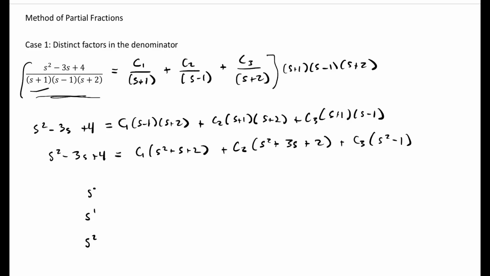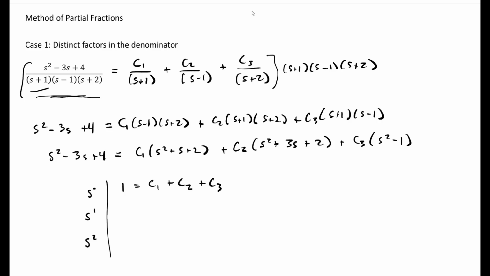Okay, so if we do that, for S squared, on the left-hand side we have 1, equal to what's on the right-hand side, C1 plus C2 plus C3. Right, C1 times S squared, C2 times S squared, C3 times S squared.